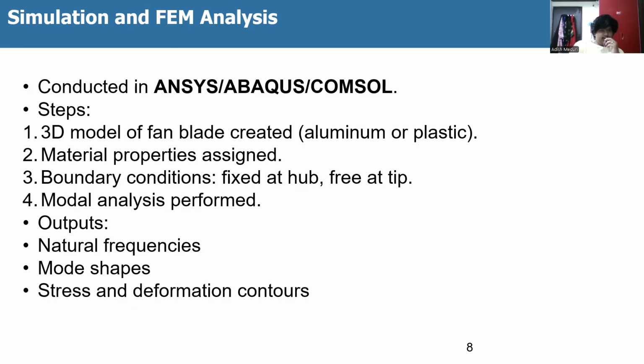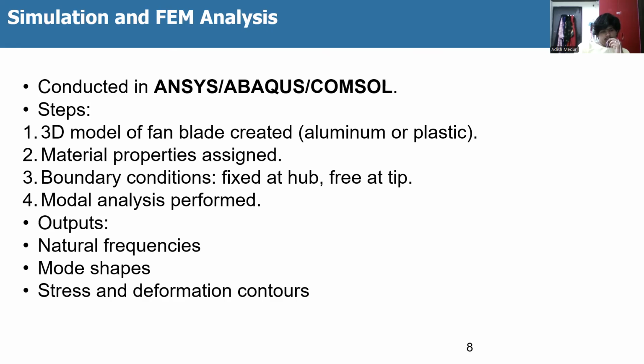Simulation and FEM analysis, conducted in ANSYS. First step is to create a 3D model of the fan blade in aluminium or plastic. The second step is material properties assigned. You need to understand what the product is about and assign the materials accordingly.